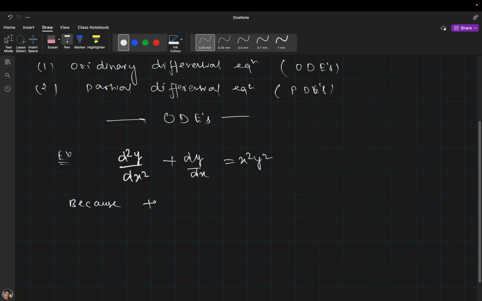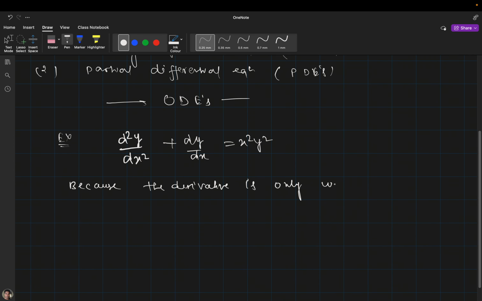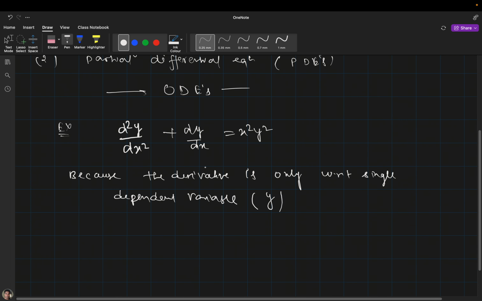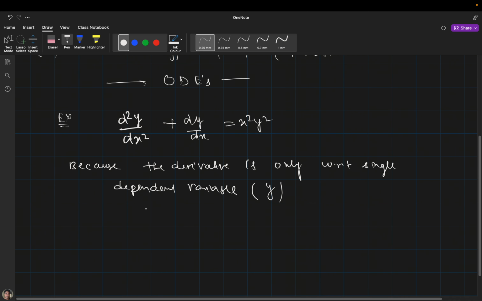Because the derivative is only with respect to a single dependent variable. Okay, so in this case the dependent variable is what? Y. So in ODEs you will only see either dy by dx, d2y by dx square, dy by dx raised to the power 2.